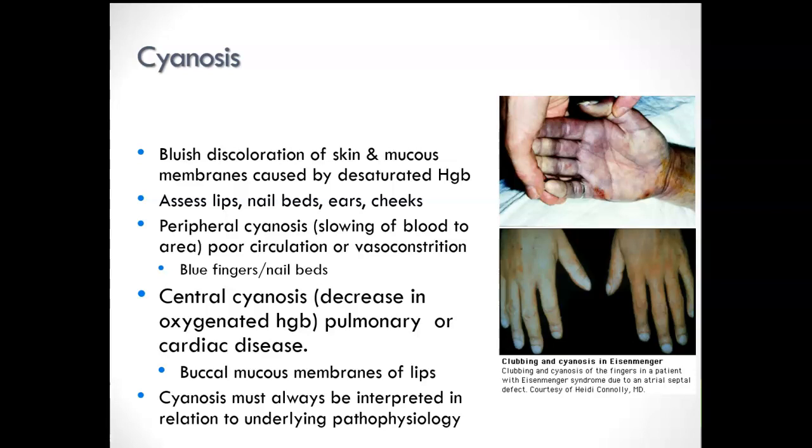Peripheral cyanosis is like blue fingers or blue toes. You're looking at nail beds. And then central cyanosis is something that you see more like the buccal mucous membranes of the lips. You may even see on an infant or child where they have kind of a blue trunk.